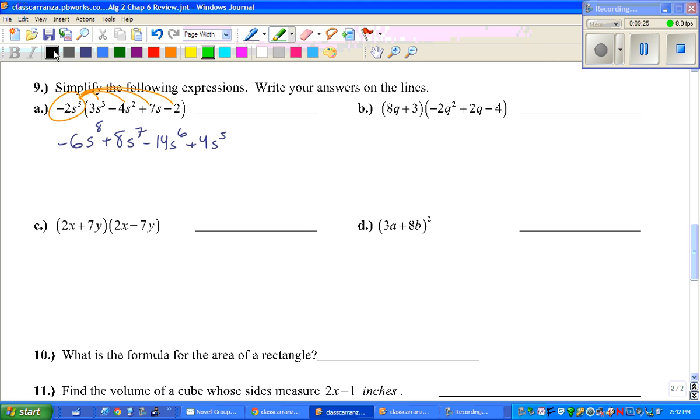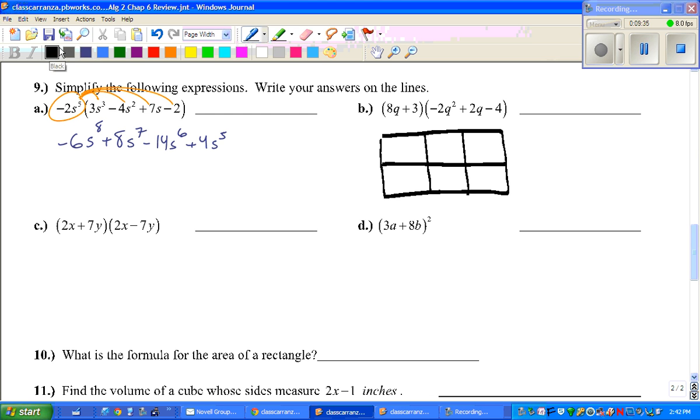Now, for the next one, I would use the box method to help keep track of all of this. Because you have negative 2q squared plus 2q minus 4 and 8q plus 3.